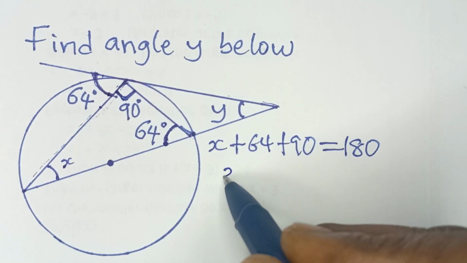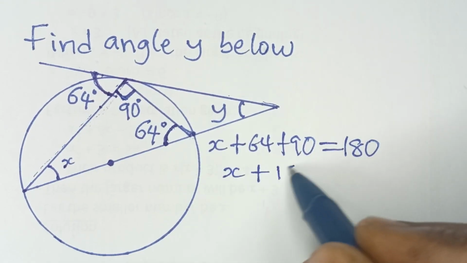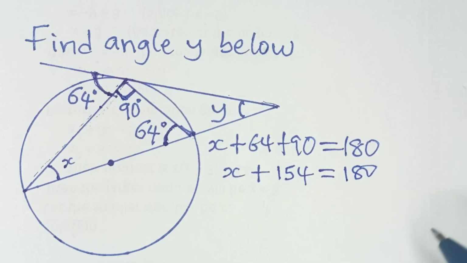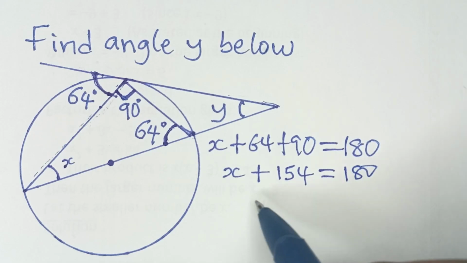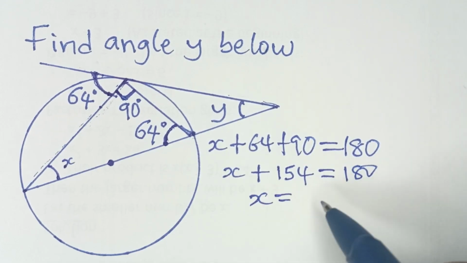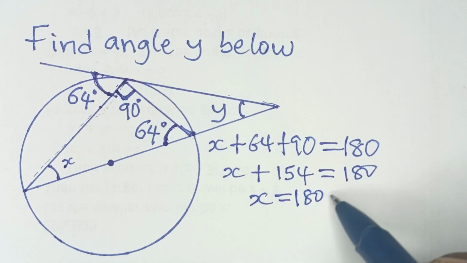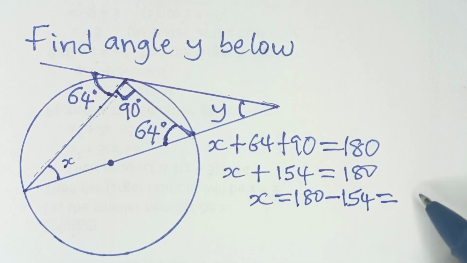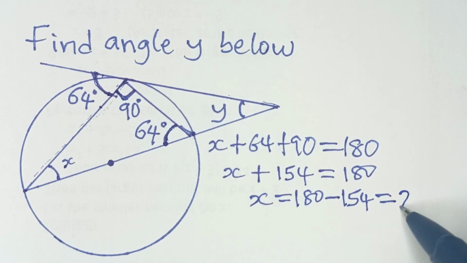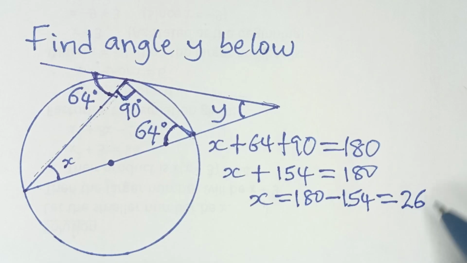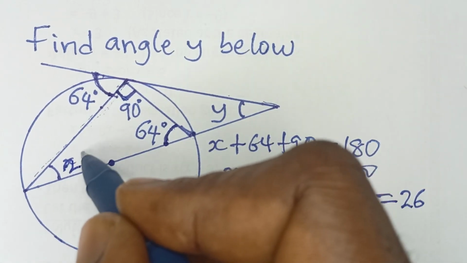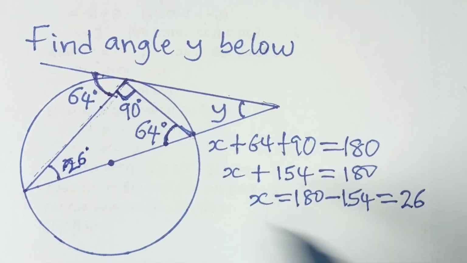So x plus 154 is equal to 180. And then from there, we can simply say that x is equal to 180 minus 154. And that will be equal to 26. So the value of this angle is 26. So let me write it here. This angle is 26 degrees.